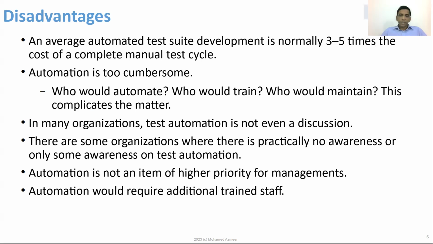Now, in many places, they don't treat test automation as a serious matter. But then long term, you're going to save a lot of time, a lot of money, and a lot of embarrassment from customers, right? For management, they wouldn't understand. So some management think that testing should be done by the developers.